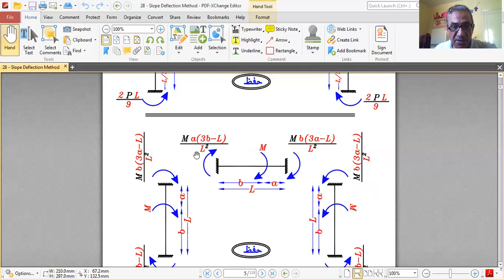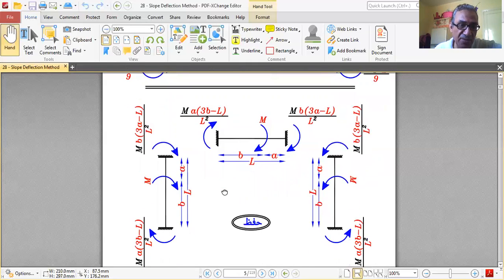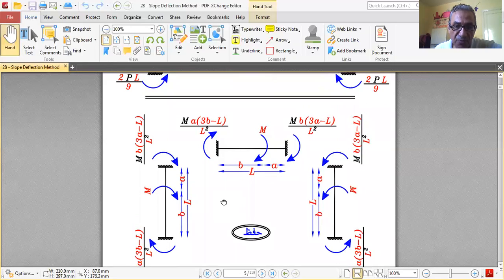Over here is M A, and here it is M multiplied by the far one, B, by 3A, 3 the close one, minus L, over L squared. Same thing, over L squared. I'm sorry, this should be dimensionless: L squared over L squared, the dimensions cancel out, and we end up with the same moment units.